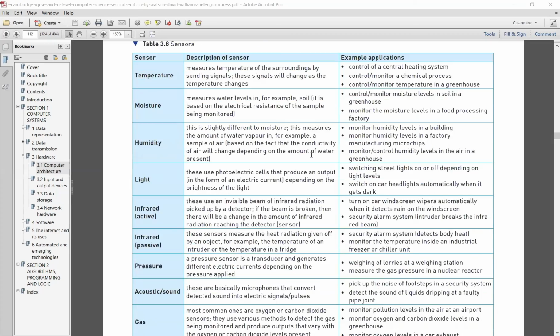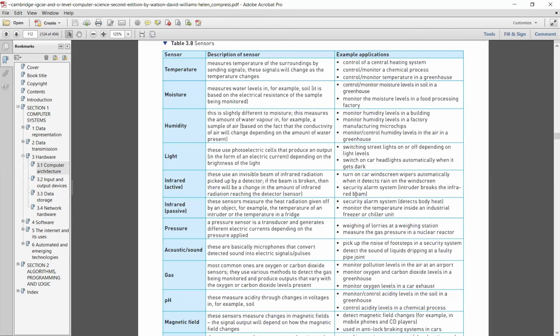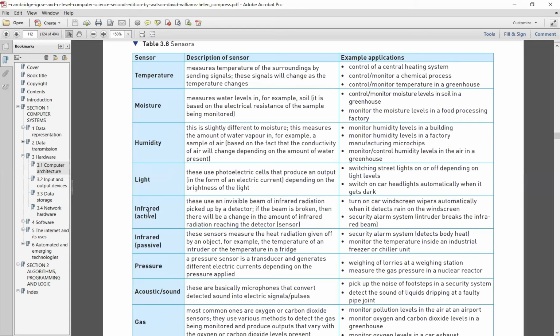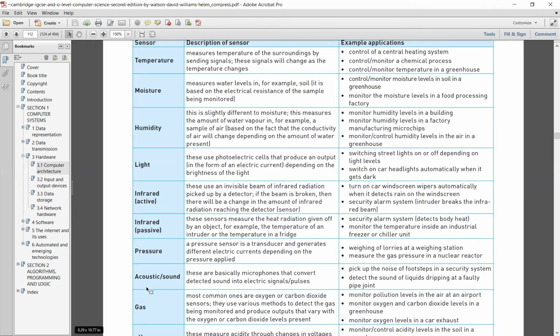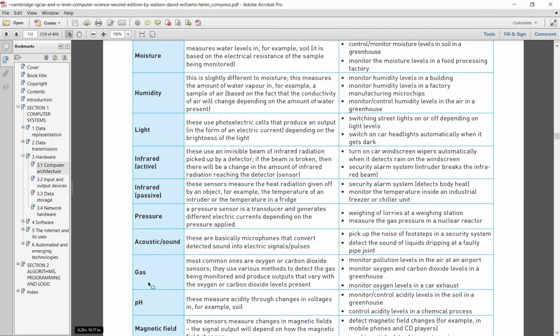What you need to know is a little bit of the different sensors and their applications. This is very important. For example, temperature sensor, moisture sensor, and then we have humidity sensor, light sensor, infrared sensors, and pressure sensor, acoustic or sound sensor, gas sensor. Specifically, if it's dealing with oxygen, you can mention oxygen sensor also. pH sensor.